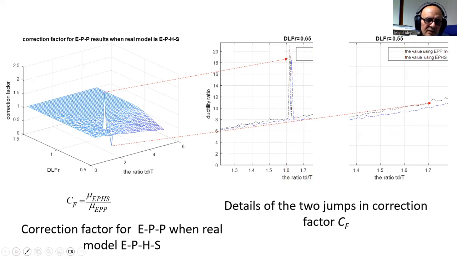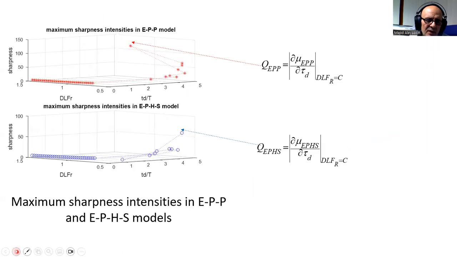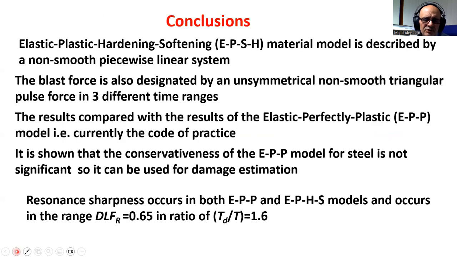So this is why I can go to the final conclusion and say, okay, now. First of all, the elastic plastic hardening softening material model is described by 9 equations, so it is a non-smooth piecewise linear system. The last four can be designated by an unsymmetrical, non-smooth triangular pulse in three different time ranges.